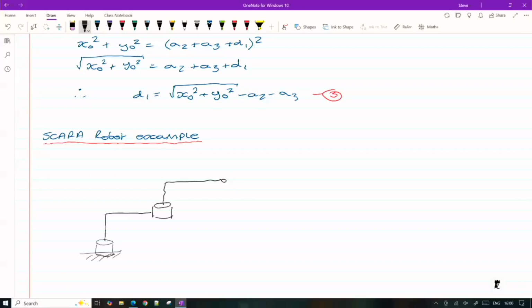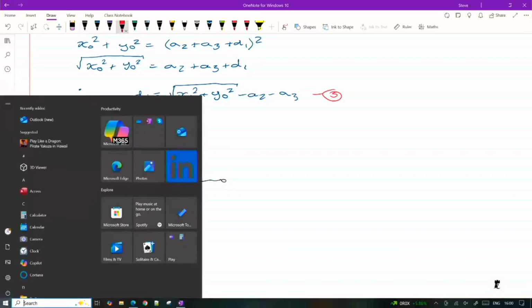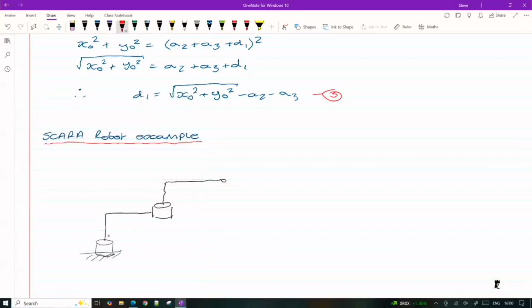Okay, so from that limited picture of a SCARA robot, we have a robot that's capable of moving the end effector flexibly within the XY plane. But it's rigid in the Z direction, so it doesn't change in the Z direction, but we are compliant across the X0, Y0 plane. Okay?